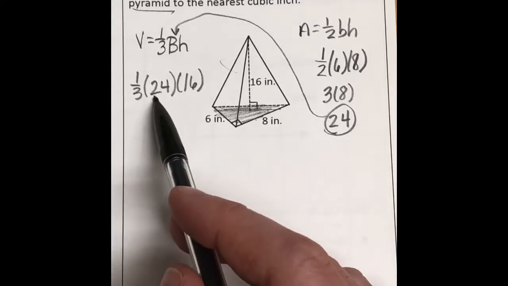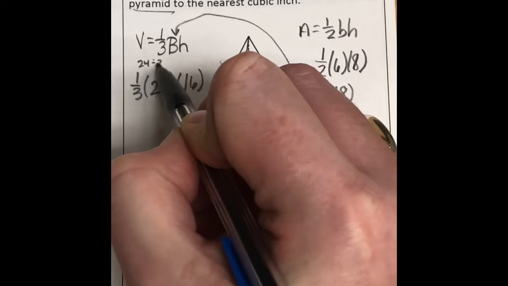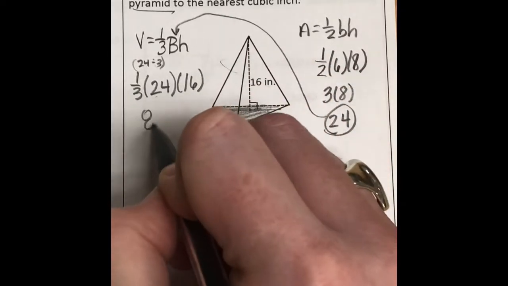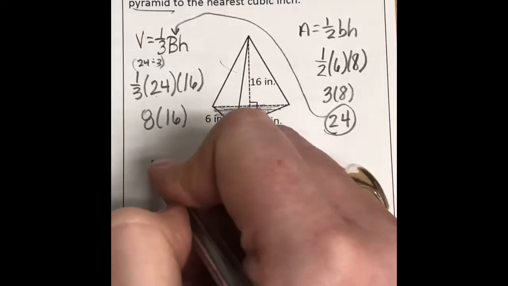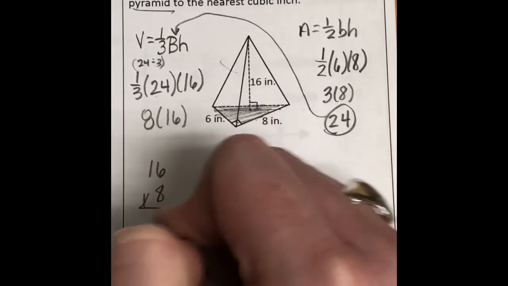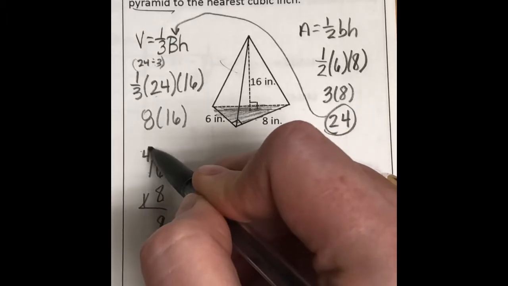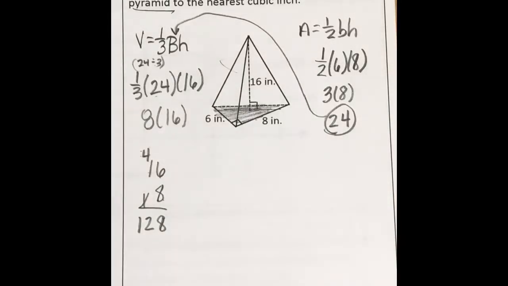So 1/3 of 24 just means 24 divided by 3, and we all know 24 divided by 3 is 8. So now all we have left to do is 16 times 8. That's 128. So the volume of this triangular pyramid is 128 inches cubed.